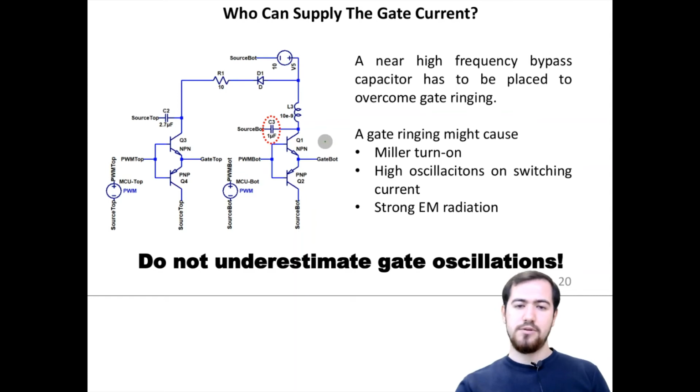These problems should be solved by placing a proper high frequency capacitor, as in the case of the bootstrap. This capacitance should be able to supply the impulse type current in a small amount of time.